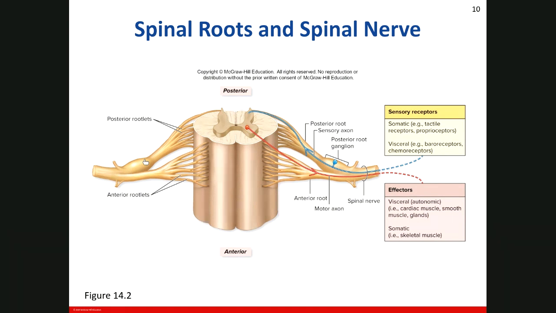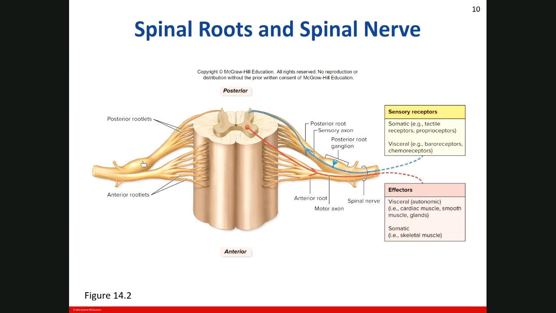And here, where the sensory axon comes to the dorsal horn of the spinal cord, we have an accumulation of nerve cell bodies in this part, out of our central nervous system, inside the peripheral nervous system.